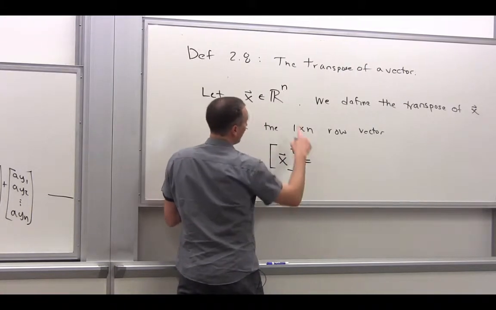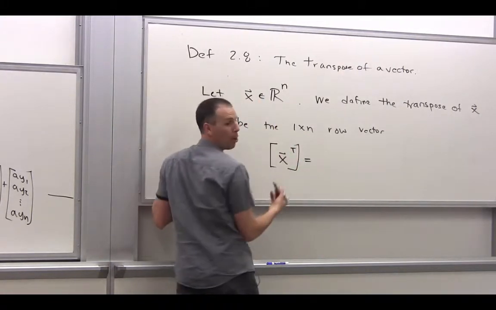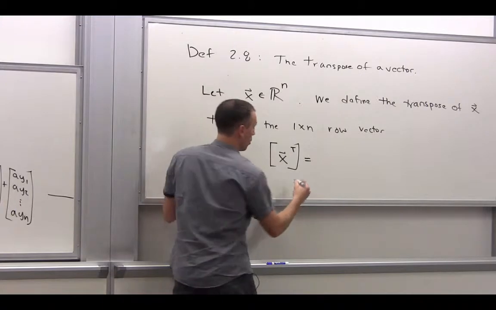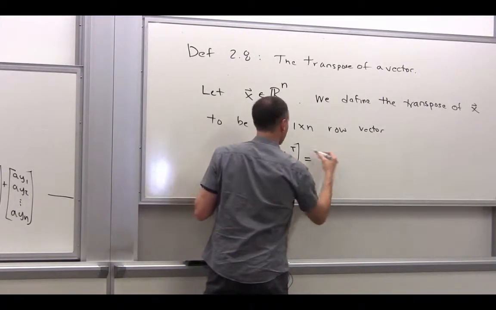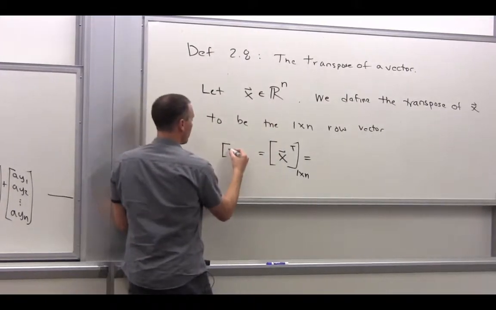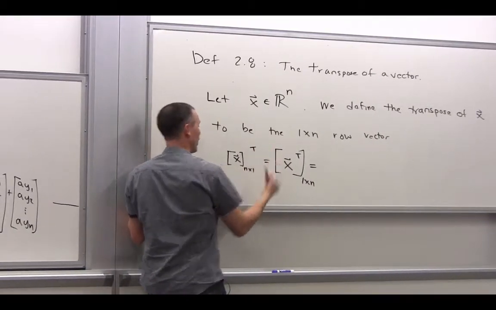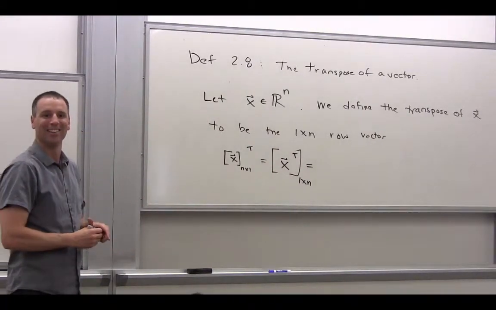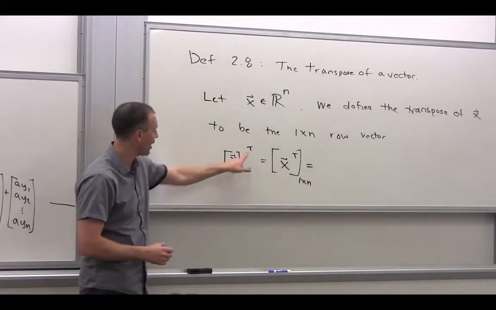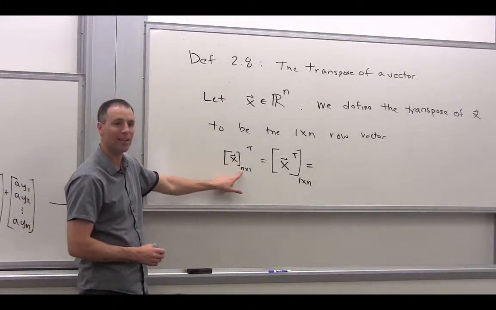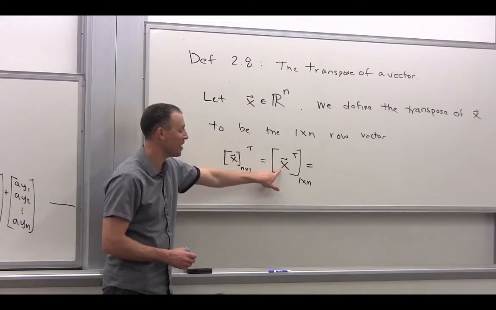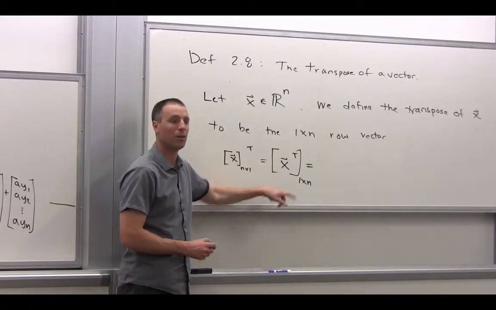Let me be clear, if x was n by 1, how big is x transpose? 1 by n. And this is kind of interesting. You could write x, n by 1, transpose. Before I've taken the transpose, it is n by 1. Then I take the transpose, and it is 1 by n.